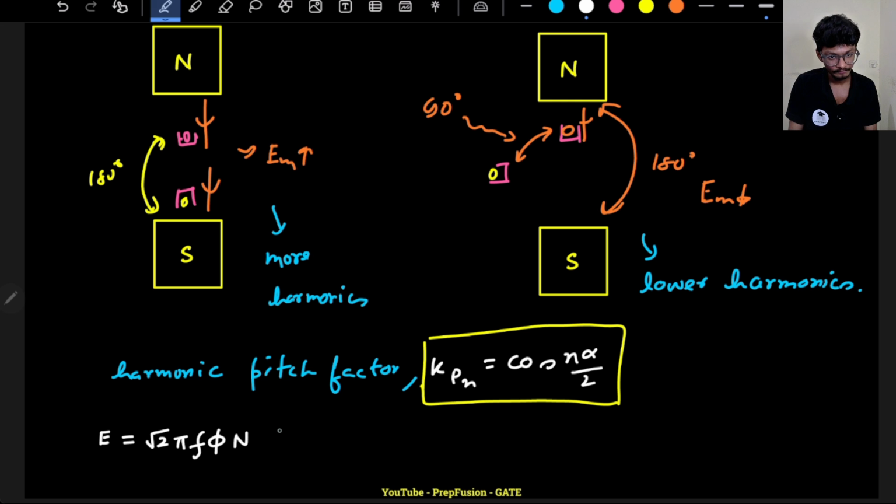Yes, this is the value, right? But also there will be a factor known as the pitch factor. So the fundamental component will be this.